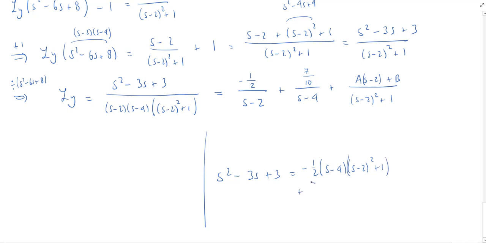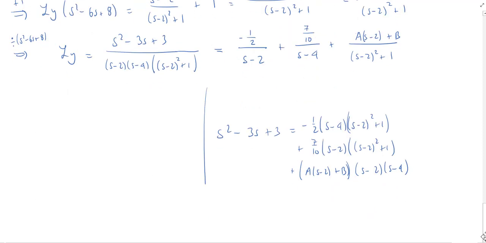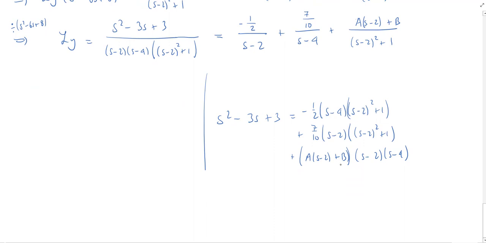Plus 7 over 10 times s minus 2 times this quantity s minus 2 squared plus 1. And then finally, we're going to have A times s minus 2 plus B times, okay, this isn't going to show up, but we will have an s minus 2 and an s minus 4. Okay, so we just need to solve for A and B.